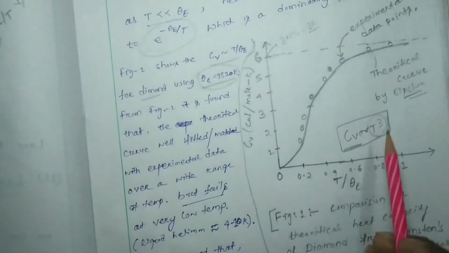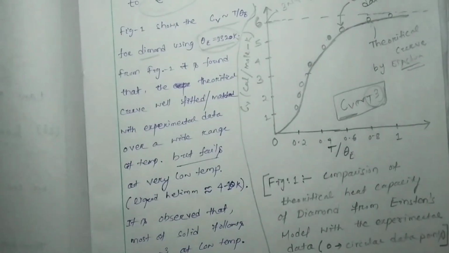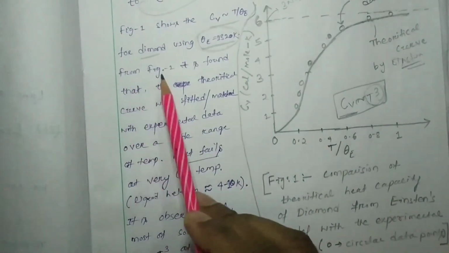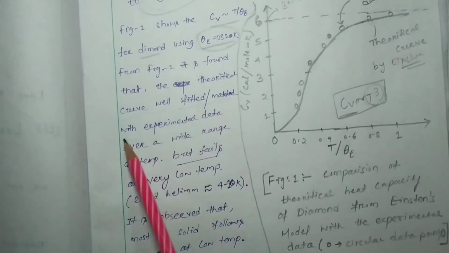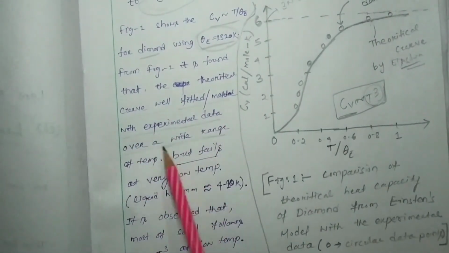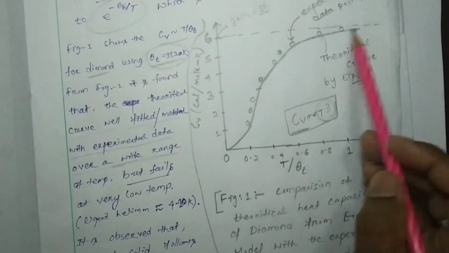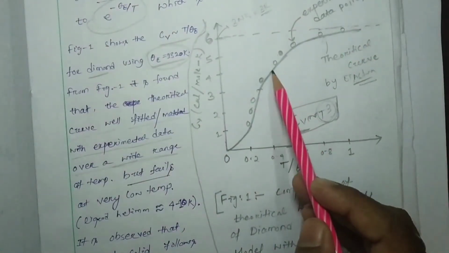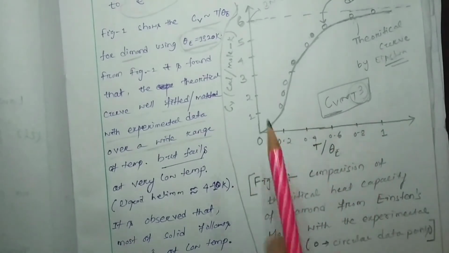From figure 1 it is found that the theoretical curve fits or matches well with experimental data over a wide range of temperature. Wide range of temperature means from the higher temperature down to low temperature it is matched, but at very low temperature it fails.